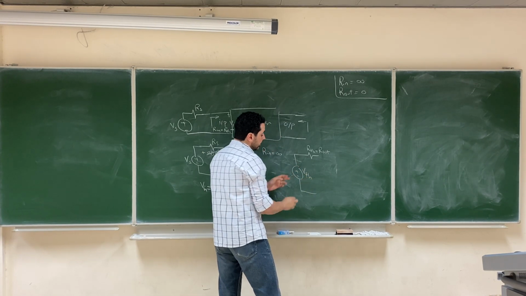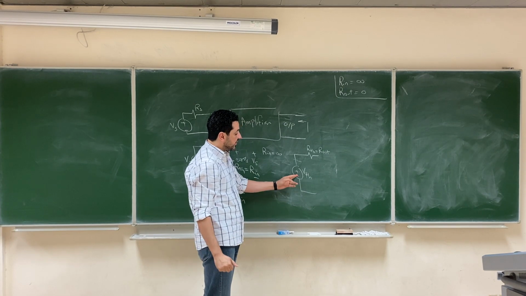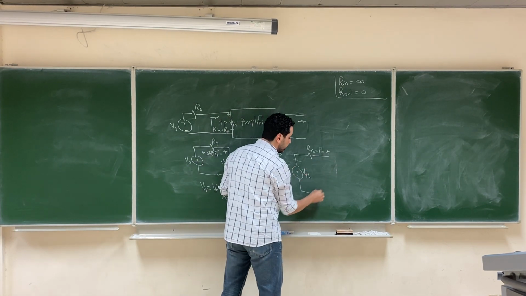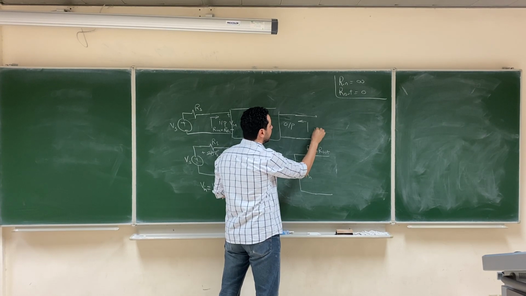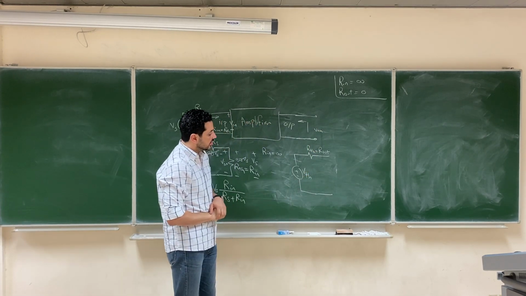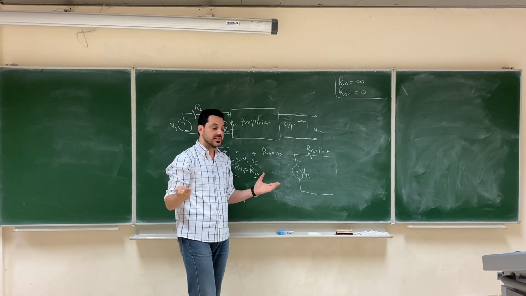This is the output voltage of the amplifier under open circuit condition. So under open circuit condition, the output voltage of the amplifier will be V Thevenin.